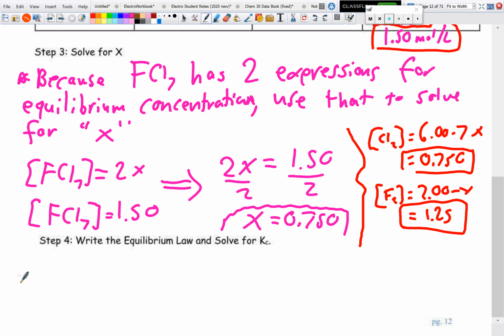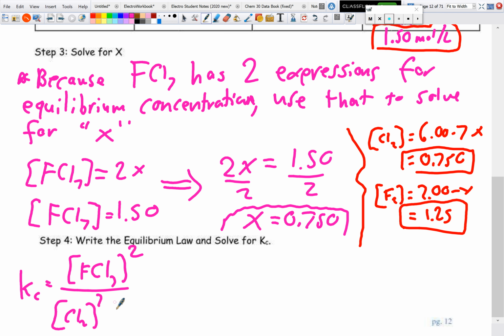So our equilibrium constant is equal to concentration of FCl7, our product, raised to its exponent over our reactants. So Cl2 is raised to the power of 7, and F2 isn't raised to the power of anything. So we put in our equilibrium concentrations.